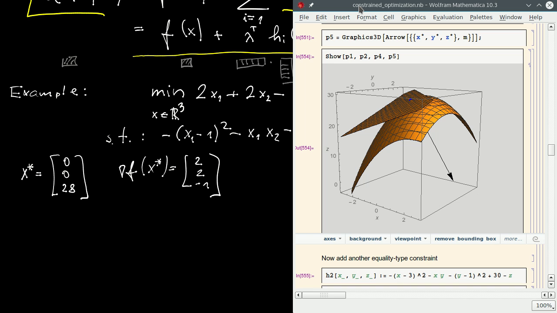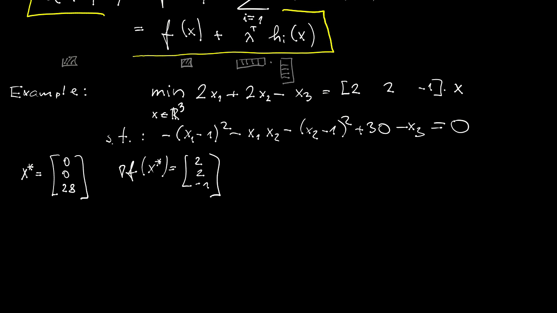Let me now try to sketch this. This 3D drawing can be pretty tricky, but I hope I will manage it. So x1, x2 and x3. Now my feasible set looked something like this.